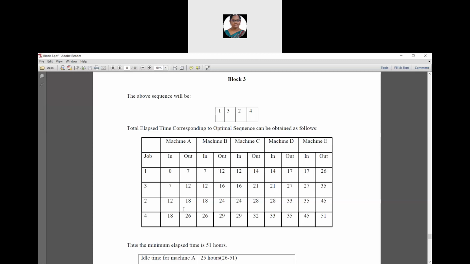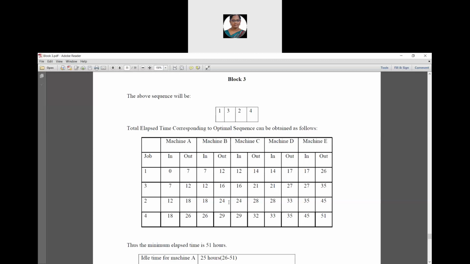Maximum of 18 and 16 is 18. So write 18 here, and for the out value, addition of in value 18 plus the processing time for the second job in machine B. It is 6, so 18 plus 6 is 24.